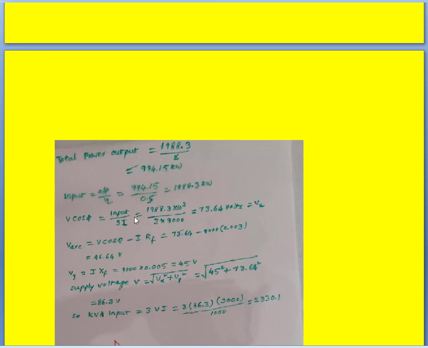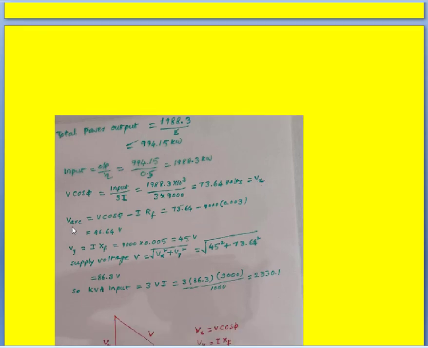So V cos phi is equal to 1988.3 into 10 cube divided by 3 into 9000. Then it gives the V cos phi value as 73.64 volts. This is the X component or real component of the input voltage.